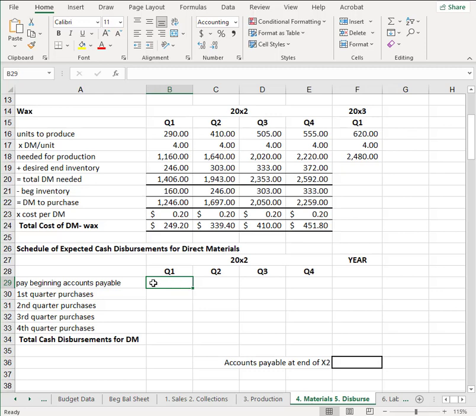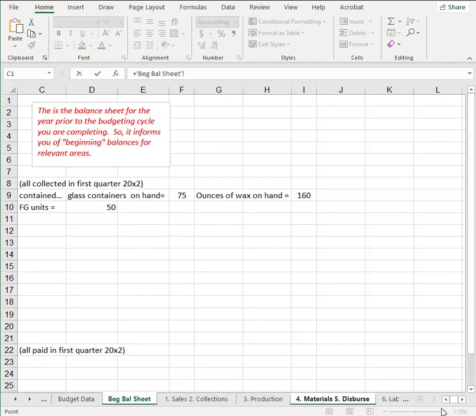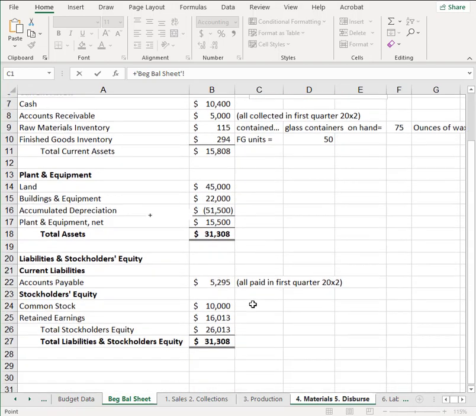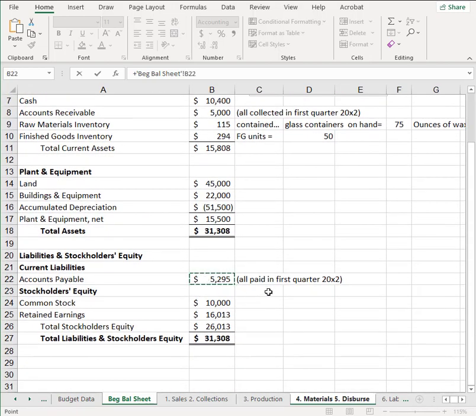Where are we going to find that? On the beginning balance sheet, it's going to show us what we hadn't paid for. And it's going to tell us here all will be paid in the first quarter of 2002. And we're going to assume that everything in accounts payable was for materials.